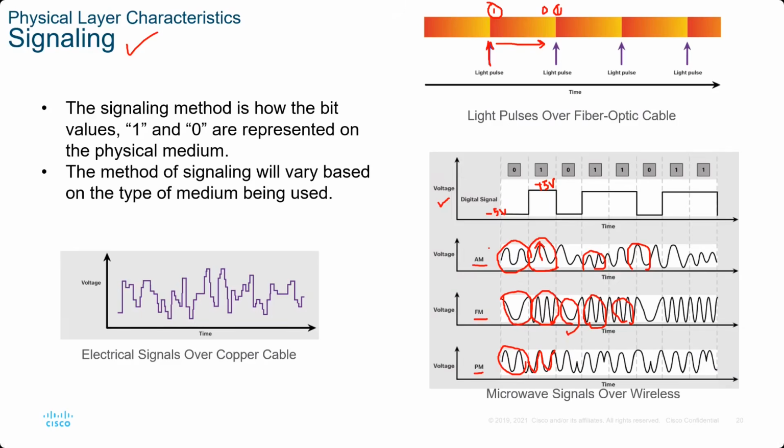If you have to send 1 gigabit of data in 1 second, that means you have to switch a light pulse on and off in a fiber optic cable 10 power 9 times. You have to switch on and off the LED or lasers inside your network interface card, which is actually sending these bits using light pulses.